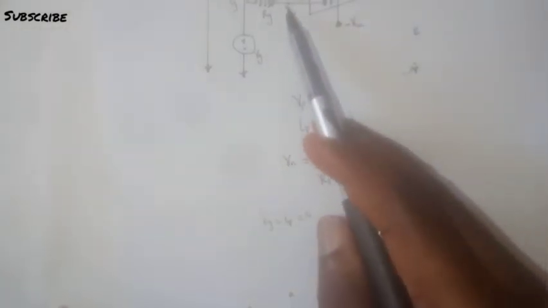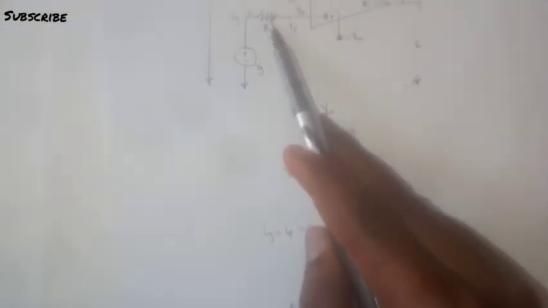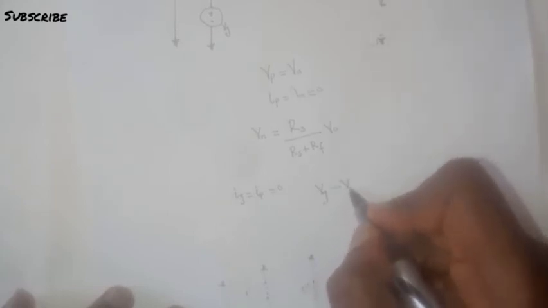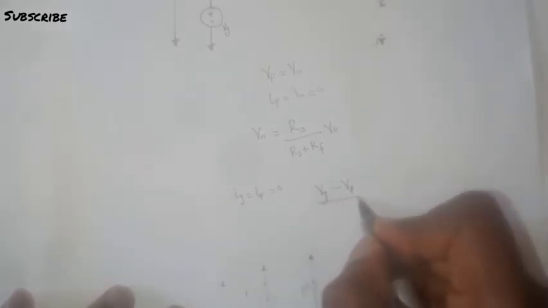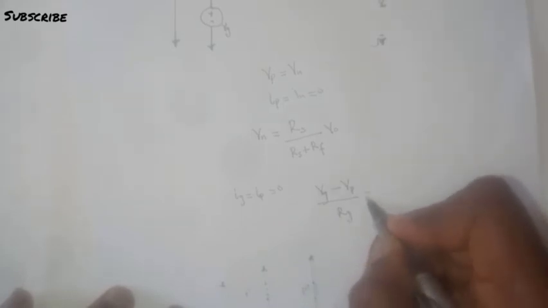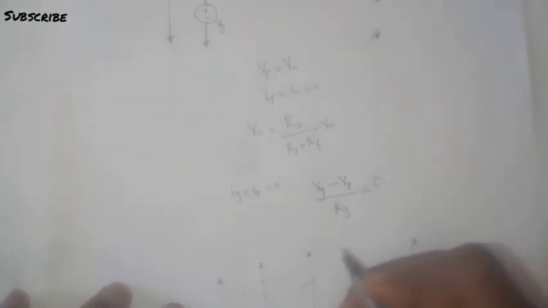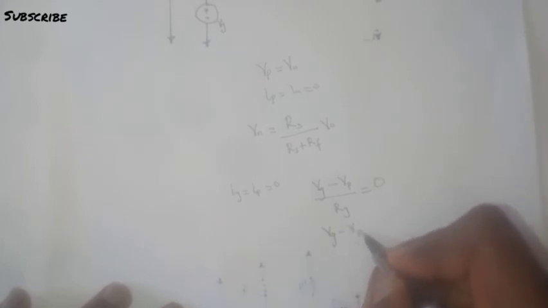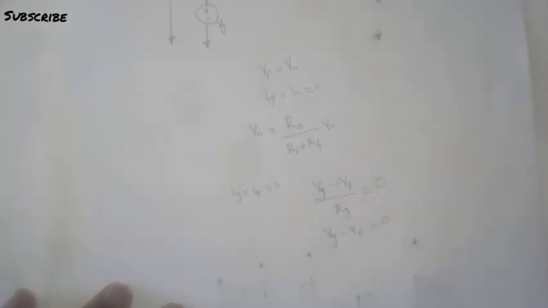The value of IG is going to be Vg minus Vp over Rg. So we have Vg minus Vp over Rg equals 0. If that is the case, that means that Vg minus Vp equals 0.